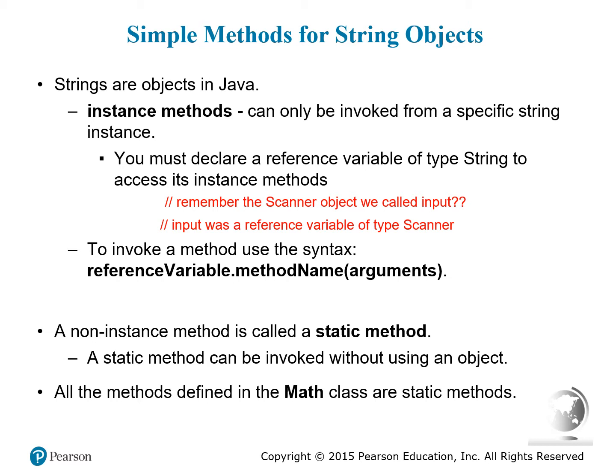Next int and next double and close are instance methods because when we call them, we must use the name of our scanner. The syntax to invoke an instance method is the name of the reference variable, a dot, and then the method name with an open parenthesis, the arguments or parameters required for that method, and a close parenthesis.